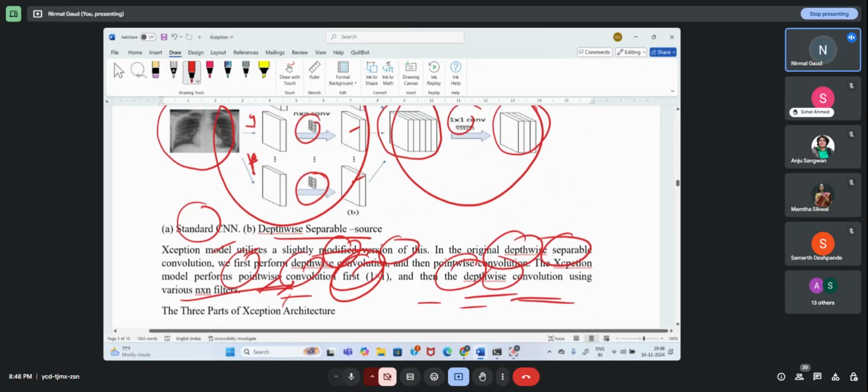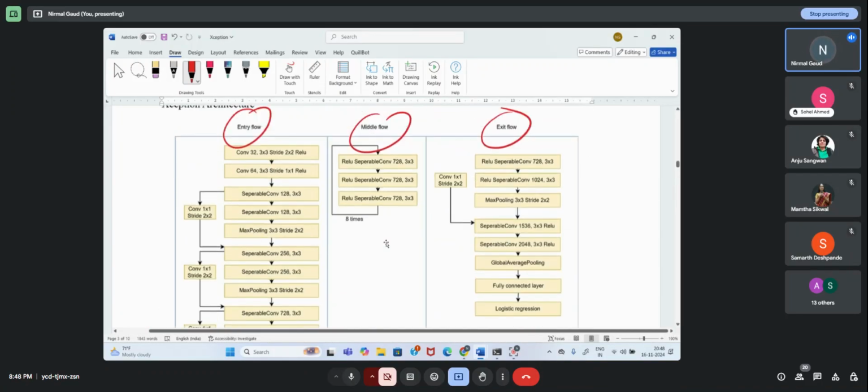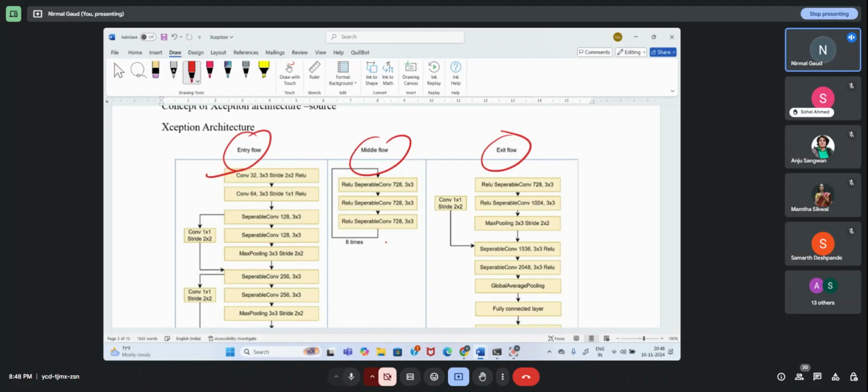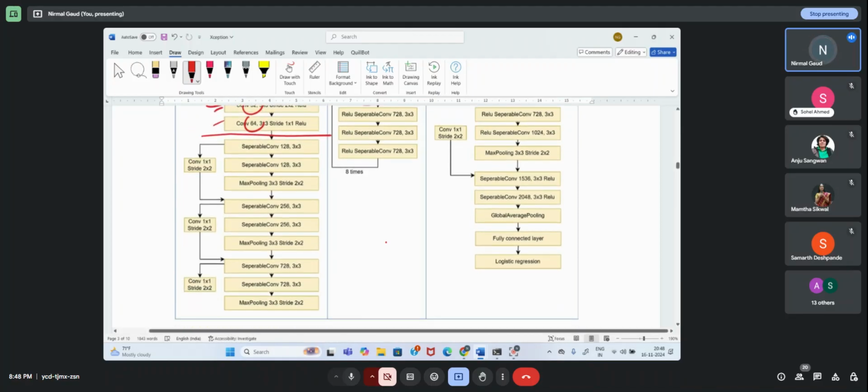Here you can see in the given architecture. This is the initial convolution 3 cross 3, 32, 64. This is low level. After these two, I am going to apply the separable convolution.